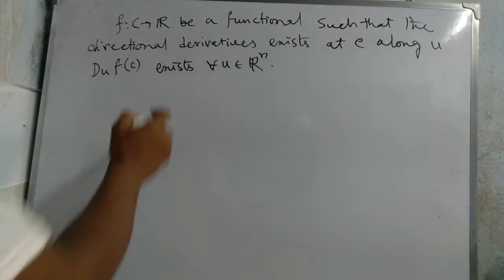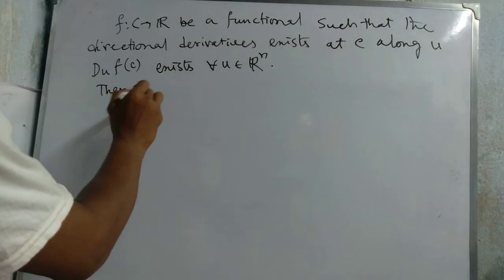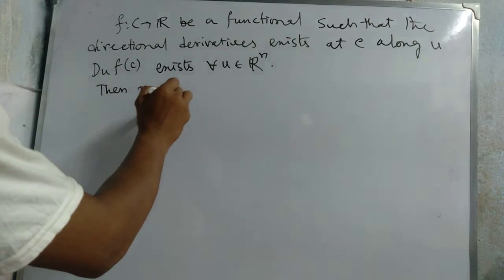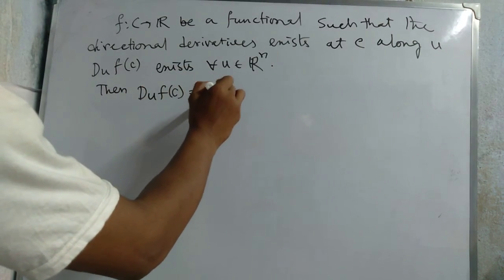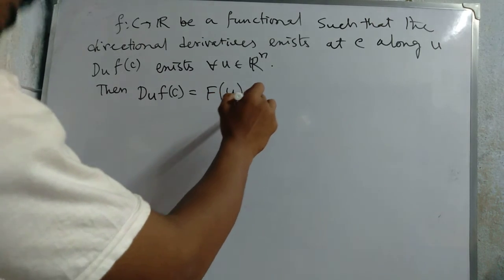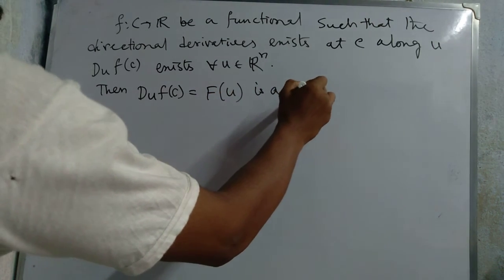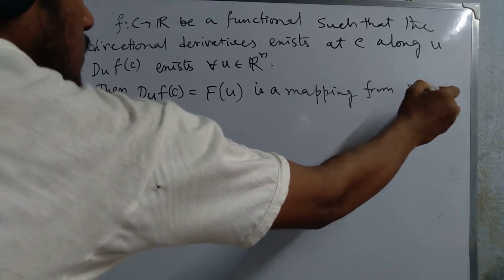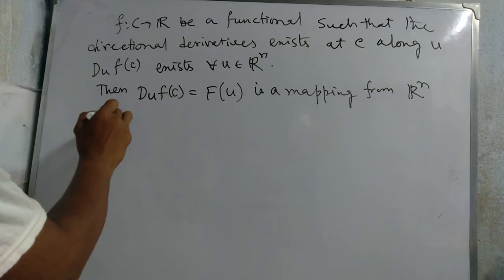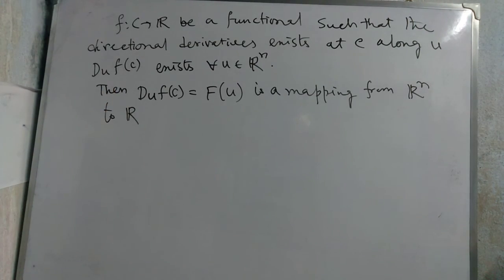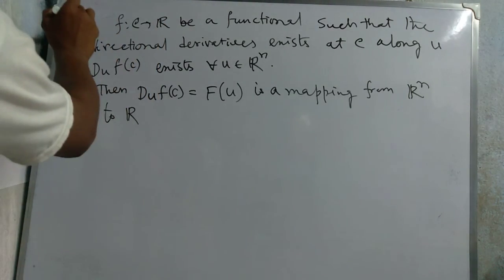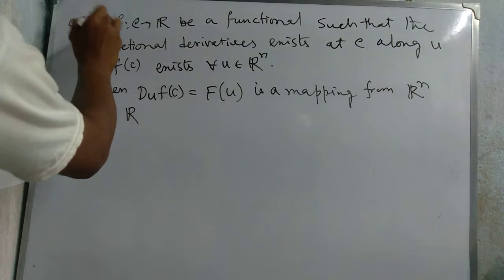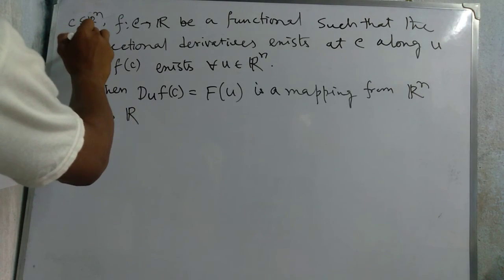Then D_u f(c) equal to f(u) is a mapping from R^n to R. Here is some condition: C is a subset of R^n and the interior of C is not equal to empty.